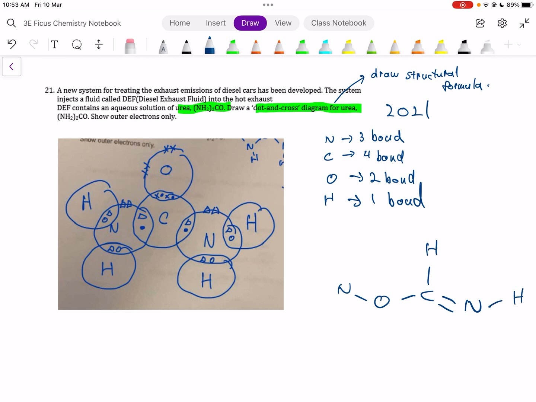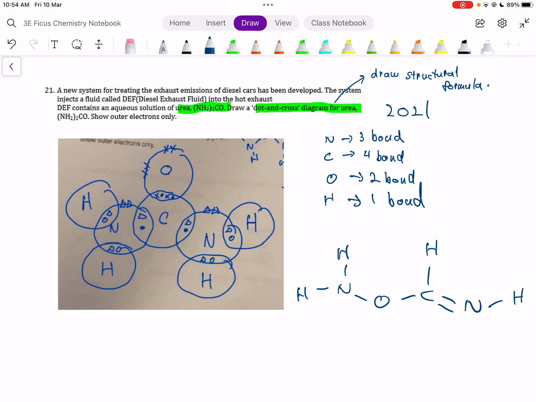You might try to do this, and you realize you might not have enough bonds to go around. Okay, let me see. You might do something like this.